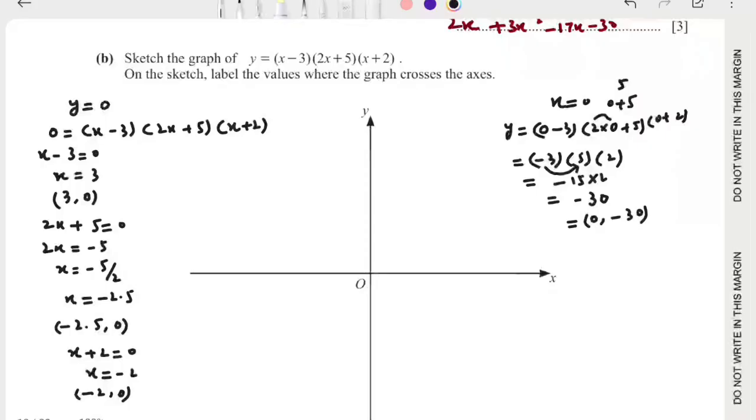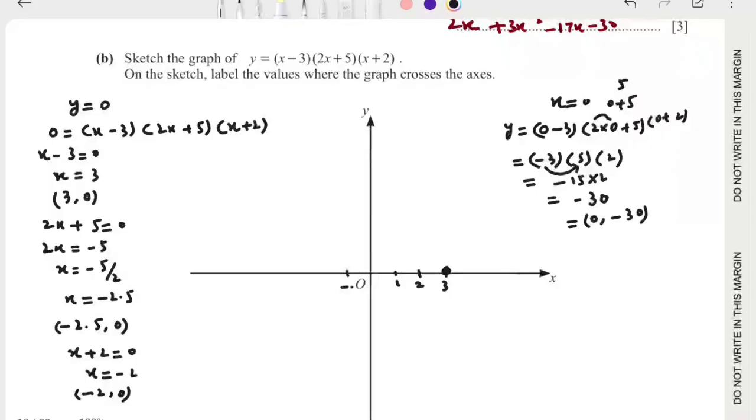Now we are going to plot these coordinates. So let us label them. 1, 2, 3. (3, 0) would be here.